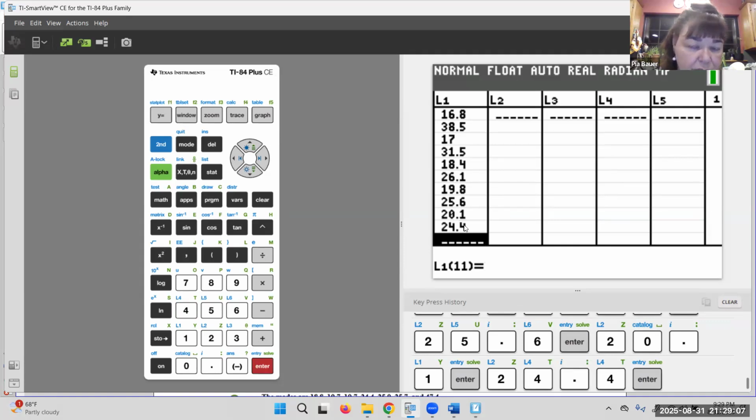Okay, and I'm just gonna double check, make sure I entered that right. 16.8, 19, 26.1, 19.1, 31.5, 17, 38.5. So that's the first column.